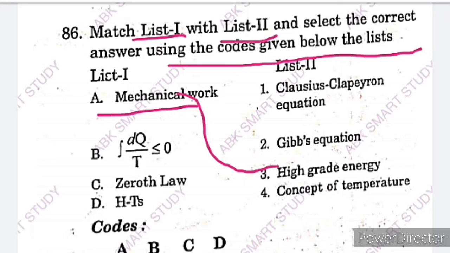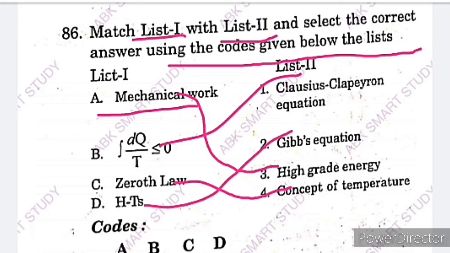Option B, integration of dq by T less than or equal to 0, is nothing but the Clausius-Clapeyron equation. Then zeroth law states the concept of the temperature, and H minus Ts is Gibbs equation.